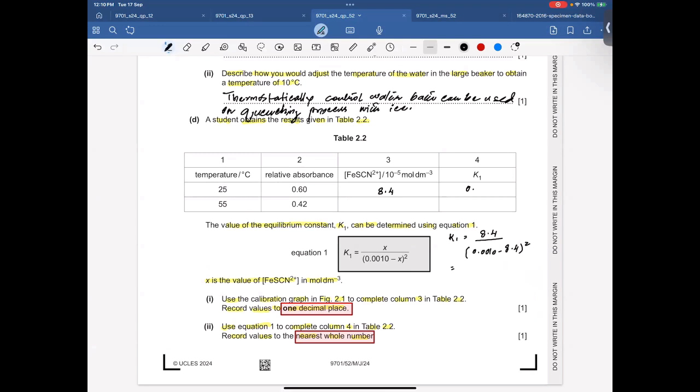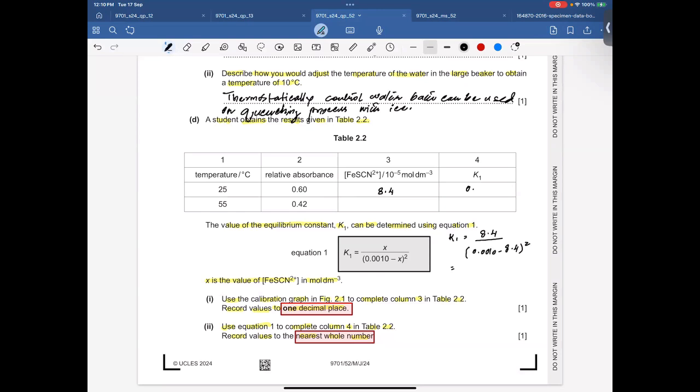Hold on. 0.0010 minus 8.4. Divided by answer.